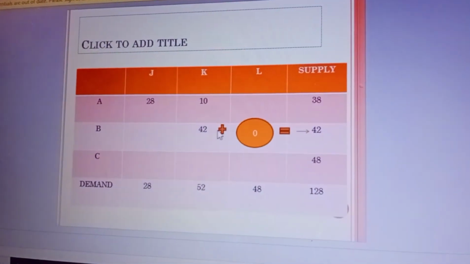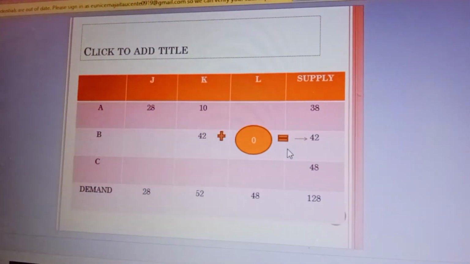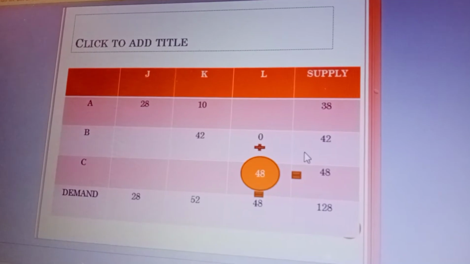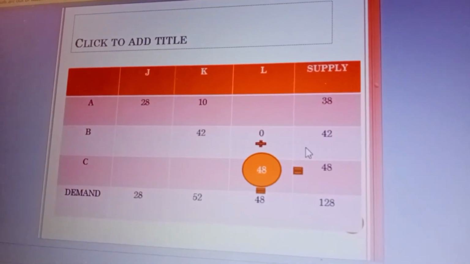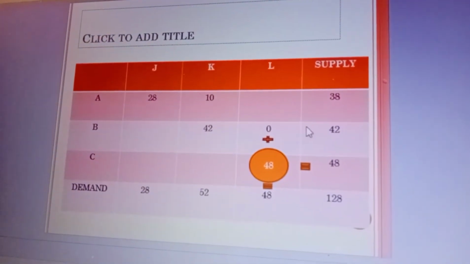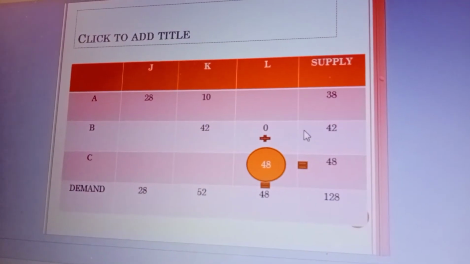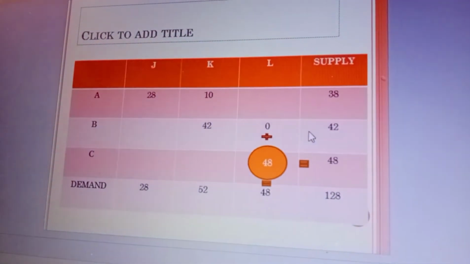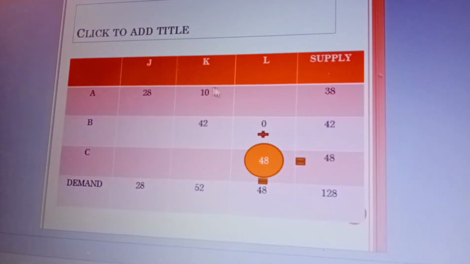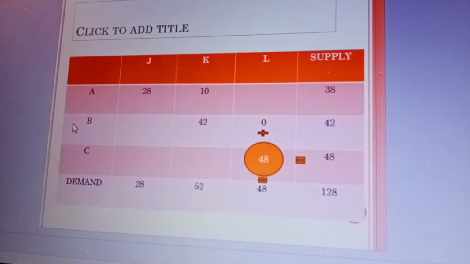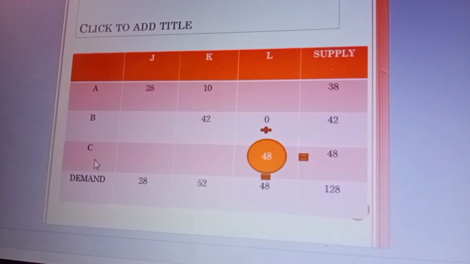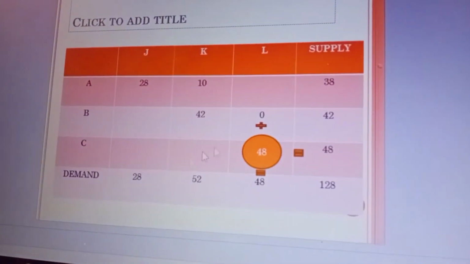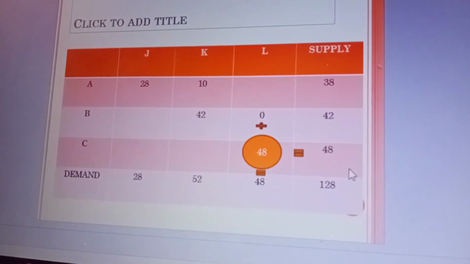So 0 plus 42 is equal to 42. So let's proceed. In this table, the last but not the least, using the northwest method, you need to find the number again that when you add the L of B and the L of C, we get the number 48.